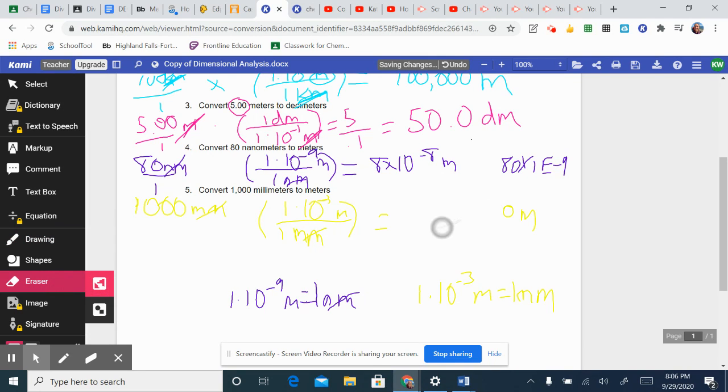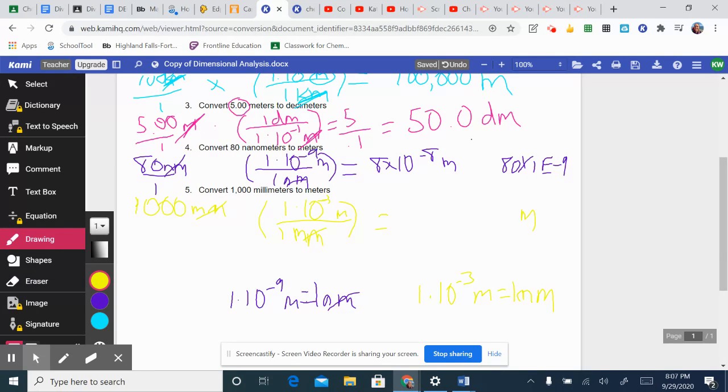So we only have 1 meter, which makes sense because 1,000 millimeters is in a meter. So this is 1 millimeter, and on bottom we have just 1 also because 1 times 1 is 1. So your answer is just 1 meter.